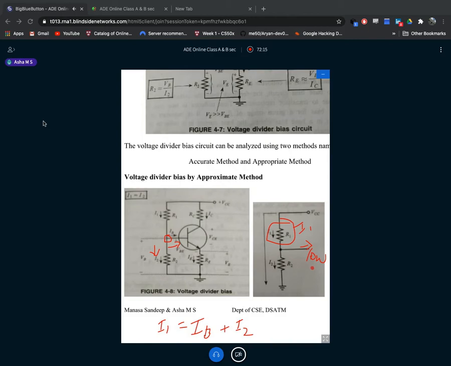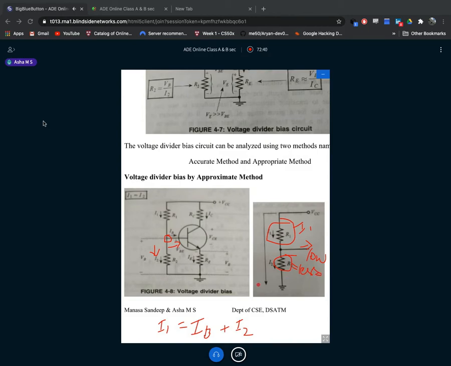How can you achieve that? The resistor value I'm considering here for R2, I'm going to take a very, very less value. When the resistance value is very less, what happens? Whatever current is here, that entire current will flow here, so this IB value will be very less.